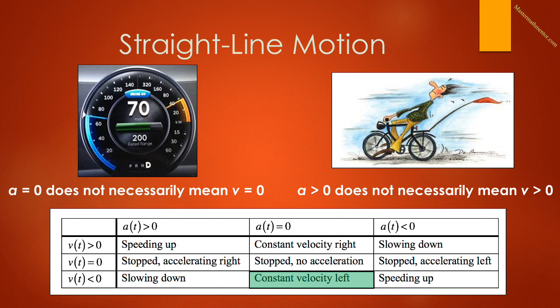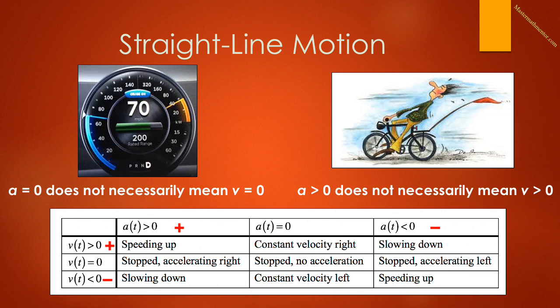Think of this as cruise control moving to the left. If v is negative and a is negative, that means we are moving to the left, but also accelerating to the left. That means we are speeding up. Think of this as biking with a tailwind or swimming with the current.